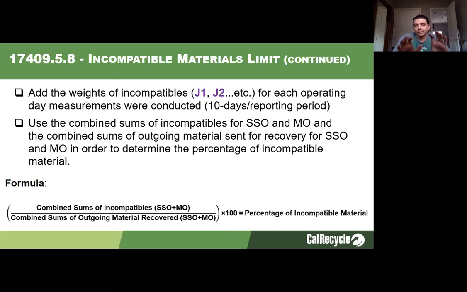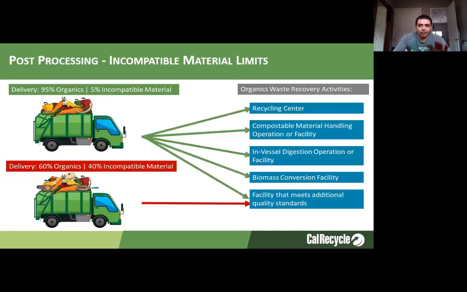And if you remember from the video, that percentage of incompatible material is really going to direct where that material can go for recovery. So if you remember this example in Dee's video, if you have a facility with a 5% incompatible material limit, so they were able to get that material very clean, and since it's well below that 20% limit, then that material can go to any facility for recovery.